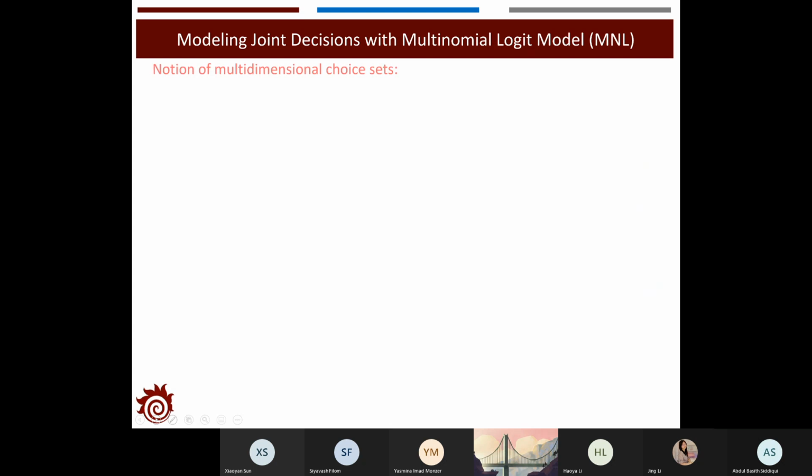In the transportation system, when you make decisions, you will usually consider two common decisions. One is the mode. What kind of mode are you going to use? Are you using the car? Are you using the bus? Bike, walk, and so on. It also involves destination selection.